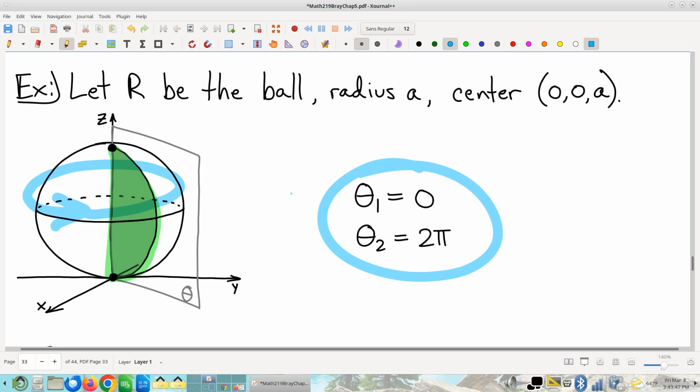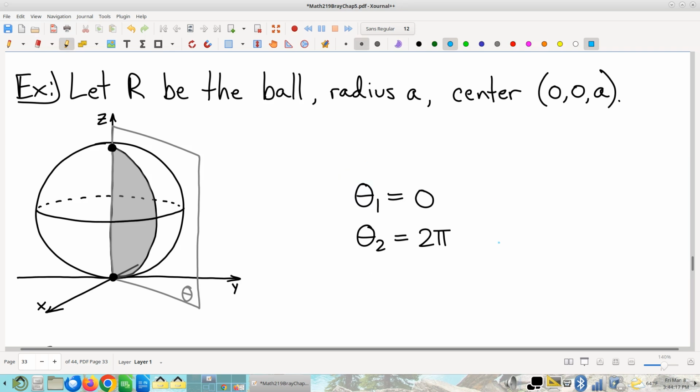If your solid entirely surrounds any part of the z-axis, your theta bounds are going to be 0 to 2 pi. You can see at least part of the z-axis here is embedded inside of that solid, and so 0 to 2 pi. Does everybody buy that? Okay, cool.